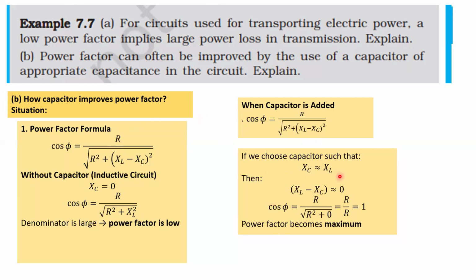If you choose XL minus XC equal to 0, then power factor becomes maximum. So as the capacitor is introduced, XL minus XC in the denominator decreases, and power factor increases. Power factor can often be improved by using the appropriate capacitor.